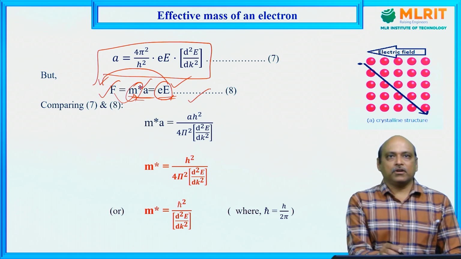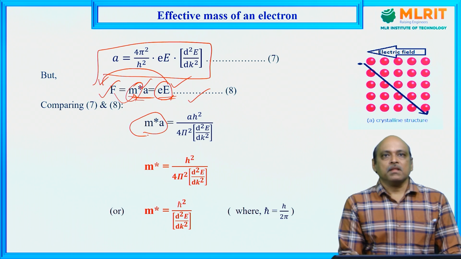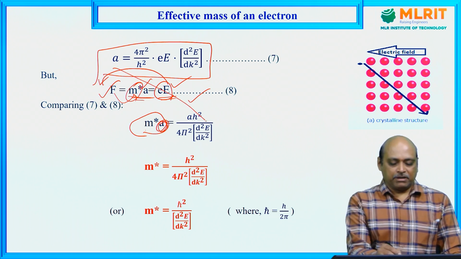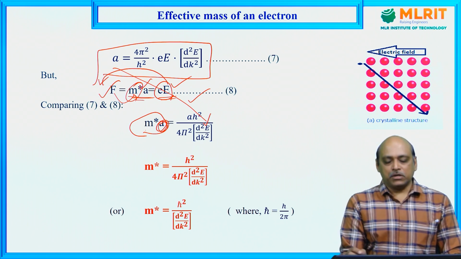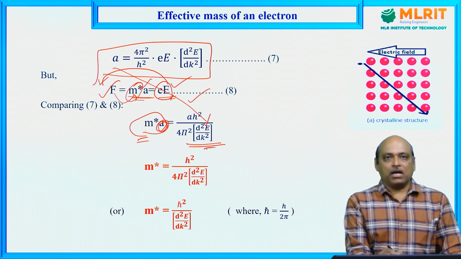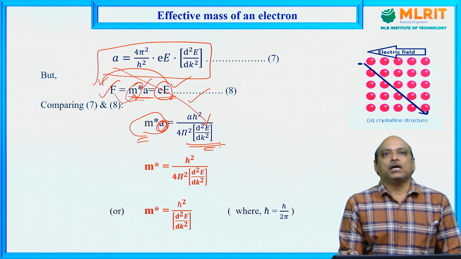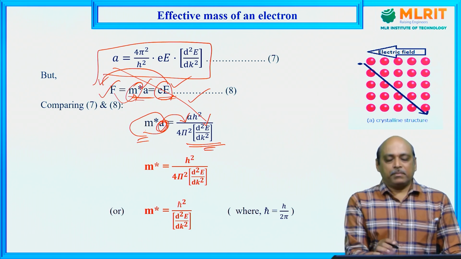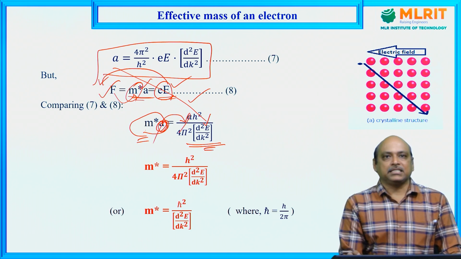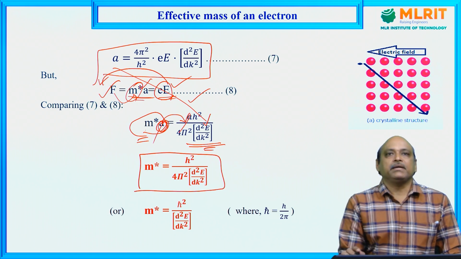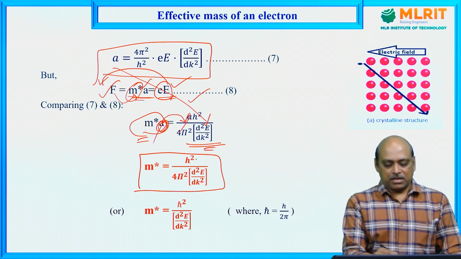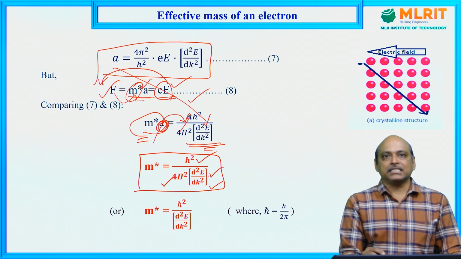Now in place of m* a, what can we write? Here m* into a, and the a value you got as this value. So substitute that a value here. Then on this side and this side you have a values, because you have substituted it. Now if both a's get cancelled, m* can be written, in this case the effective mass of the electron, as h² by 4π² into d²E/dk².